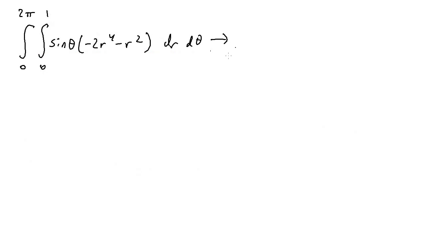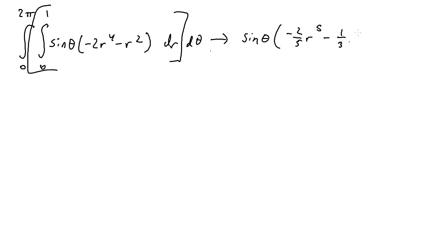If we're going to integrate with respect to r first, then sine of theta is just a constant, so we get sine of theta times the integral of negative 2r to the fourth, which is negative 2 over 5 r to the fifth. We have minus the integral of r squared, which is 1 over 3 r cubed. And we can evaluate from the r bounds of 0 to 1.